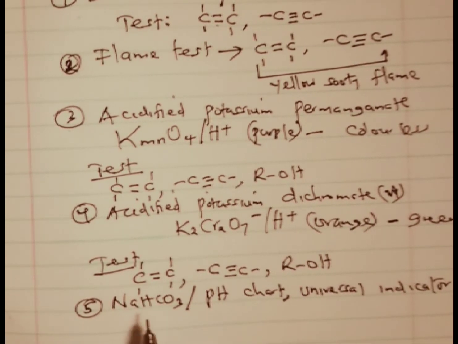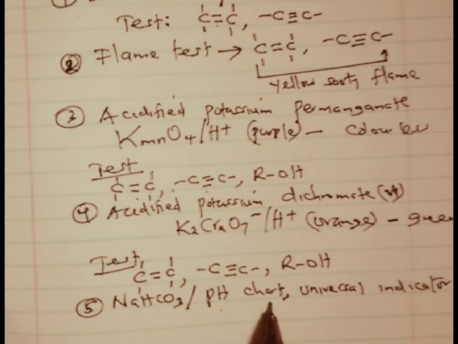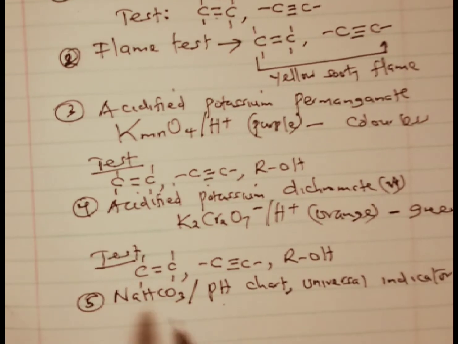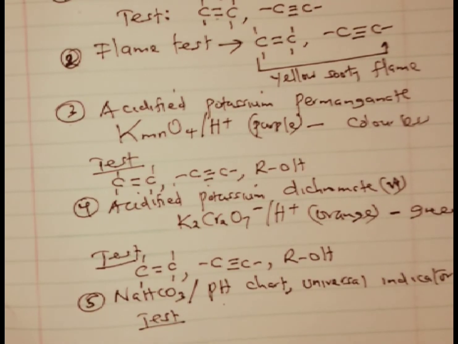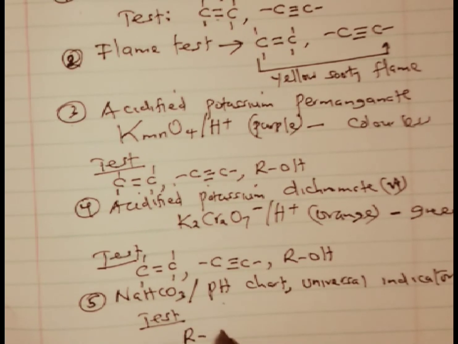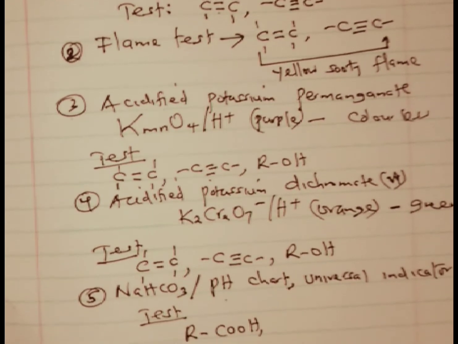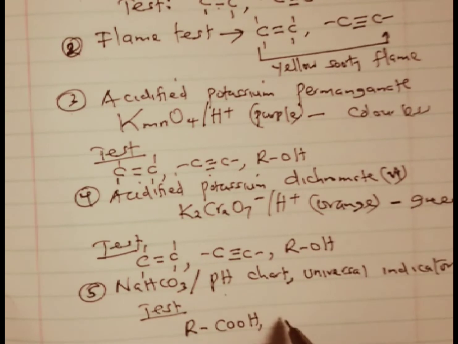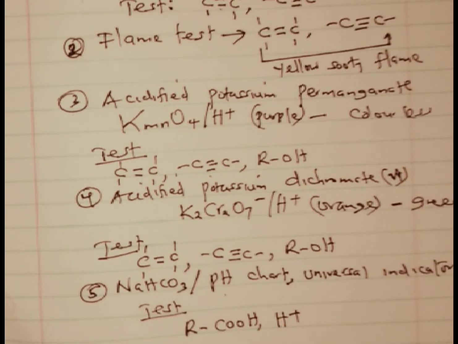So if you see sodium hydrogen carbonate, or you see the pH chart and the universal indicator, then you should know that you are going to test for the presence of acids. And in this case, it could be organic acids, which are represented using RCOOH, or we have the mineral acids represented by H+.